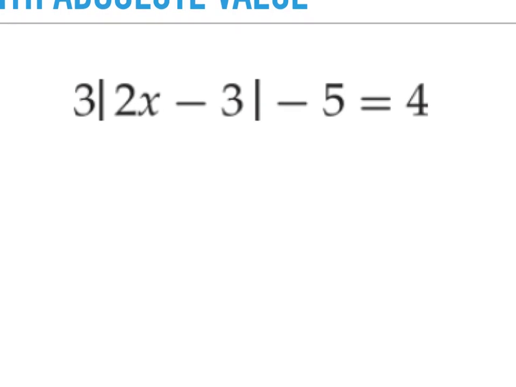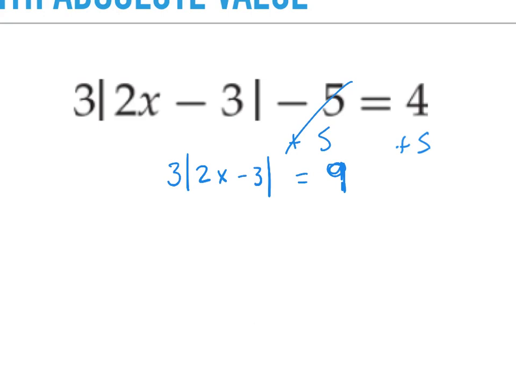What should we do first here? Add 5. So we have 3 times the absolute value of 2x minus 3. The 5's cancel out, and that's equal to 9. What do we do next? Divide.